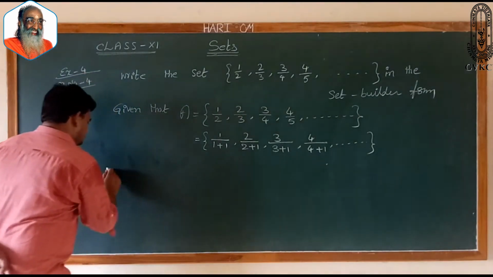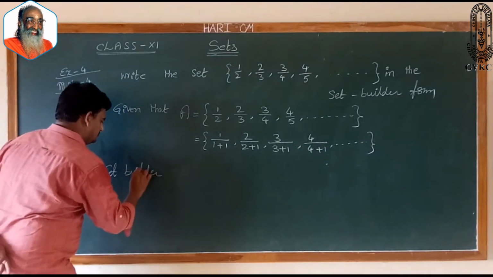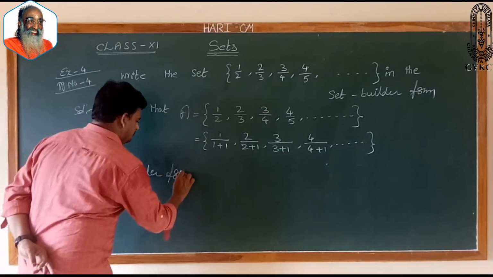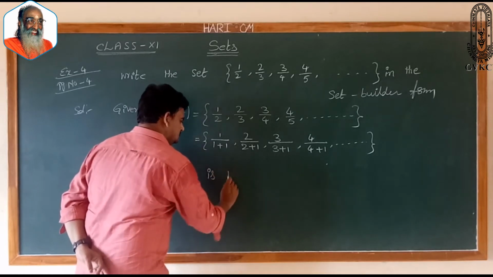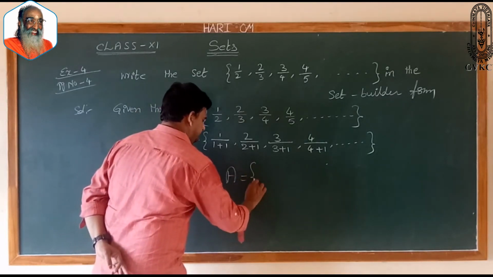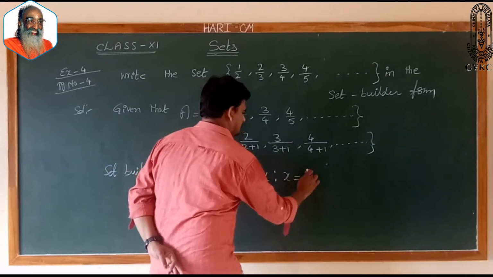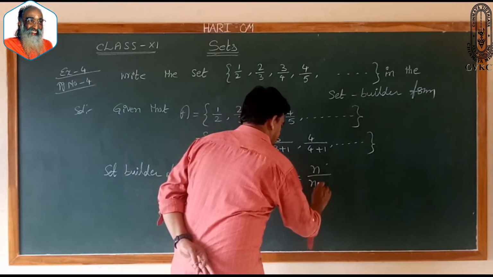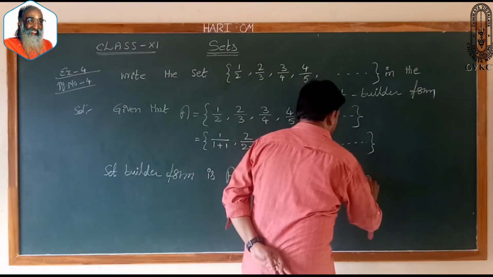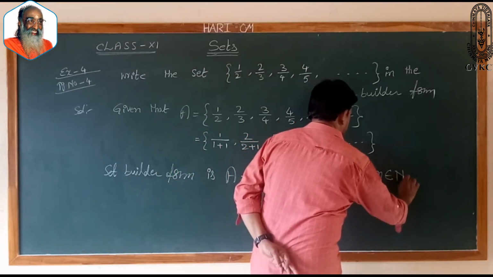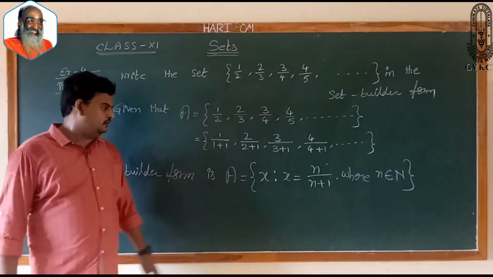So this can be written in set builder form. Set builder form is A is equal to x such that x is equal to n by n plus 1, where n belongs to natural numbers.